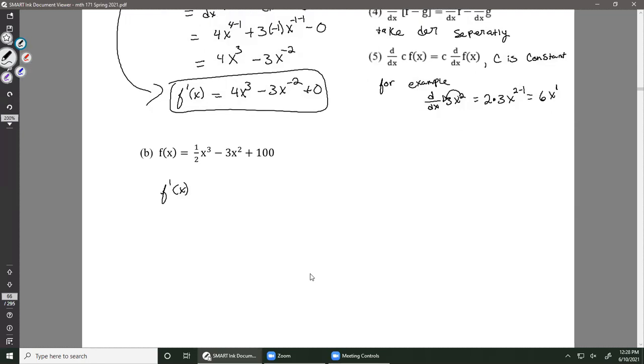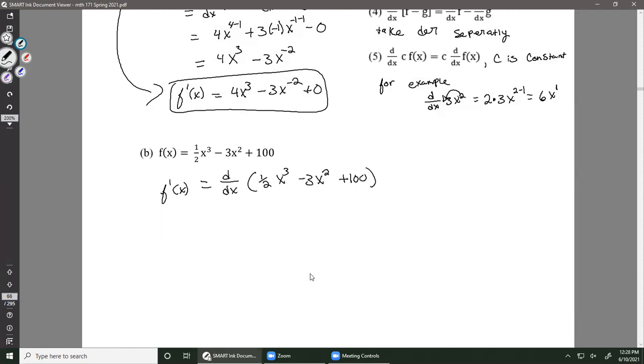All right, so we have f of x equals 1/2 x cubed minus 3x squared plus 100. So this is d dx of 1/2 x cubed minus 3x squared plus 100.